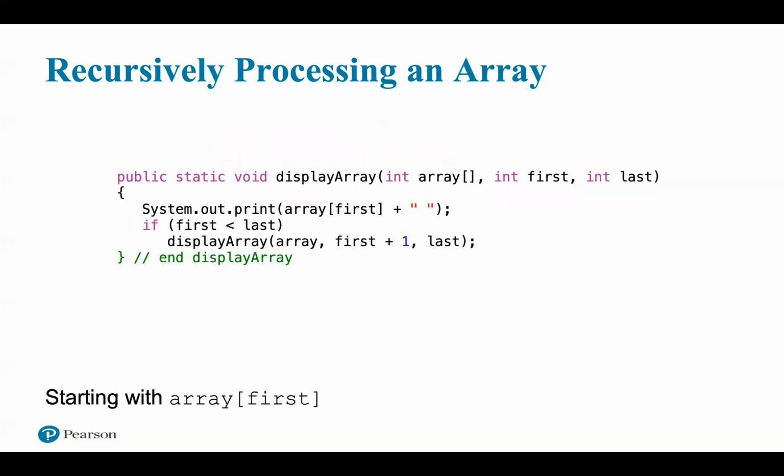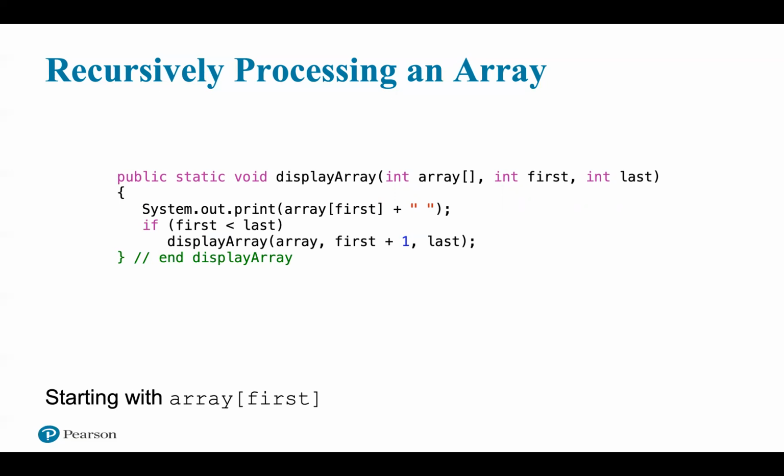So let's start with array first. An iterative solution often starts at the first element, array[first]. So it is natural to have your first recursive method begin there also. If I ask you to display the array, you could display the integer in array[first] and then ask a friend to display the rest of the array.